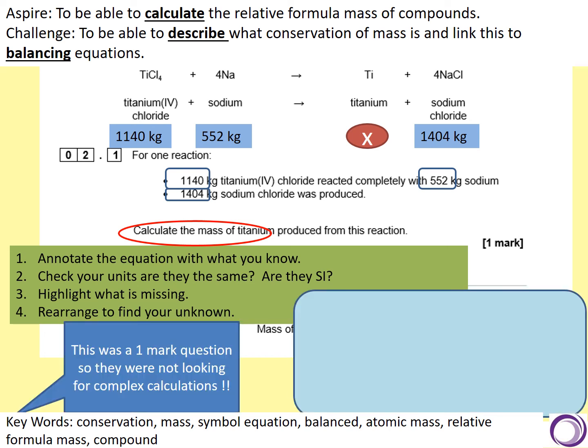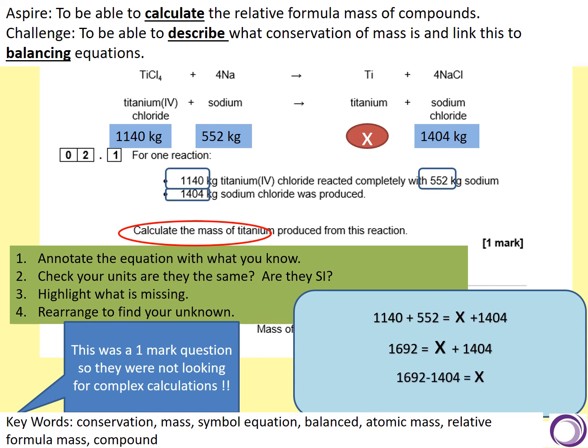So when we convert that to an equation, it's not a complex calculation. It's just testing that you understand the law of conservation of mass. So it's simply add the two reactants together, 1140 plus 552, and that will equal the mass of the titanium, X, plus 1404, which is the mass of the sodium chloride.